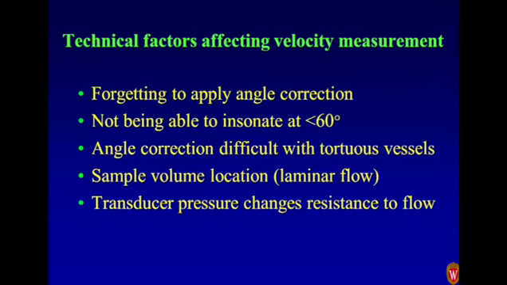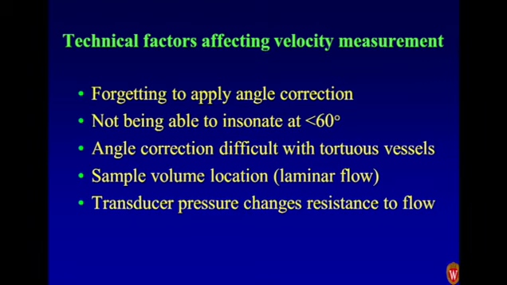Well, on top of that, if that wasn't enough, there are technical factors that can affect flow measurements. You have to angle correct. If you forget, you may critically underestimate a velocity. Insonation at angles of greater than 60 degrees is guaranteed to introduce error into velocity measurements. The closer you get to 90 degrees, the worse off you are.